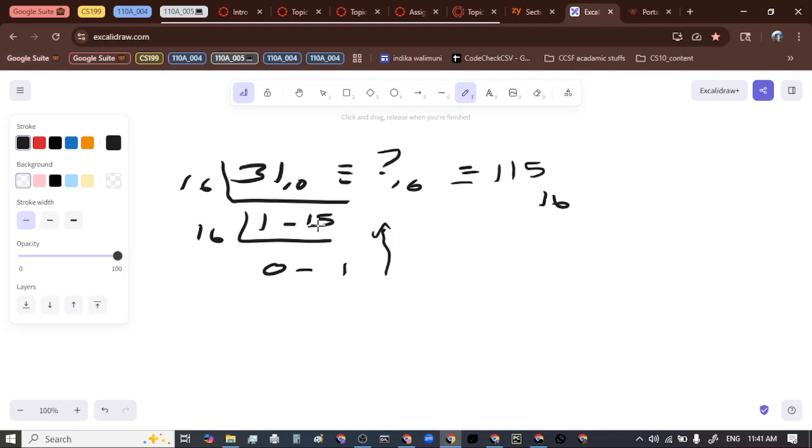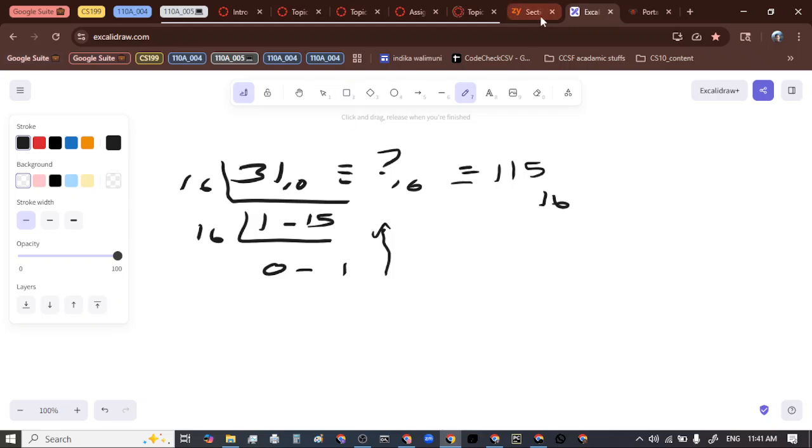So we have to come up with a protocol or convention.